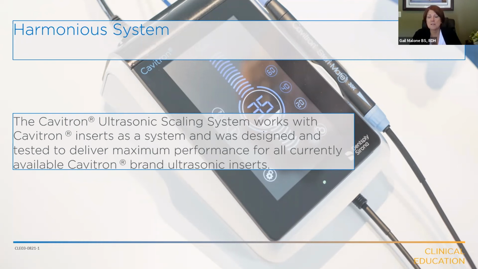Here's what it states: Companies that manufacture, repair, and modify inserts carry the sole responsibility for proving the efficacy and performance of their products when used as part of the system. Users are cautioned to understand the operating limits of their insert before using it in a clinical setting. And this is very important in regards to tip wear. And that's what we're going to talk about here.